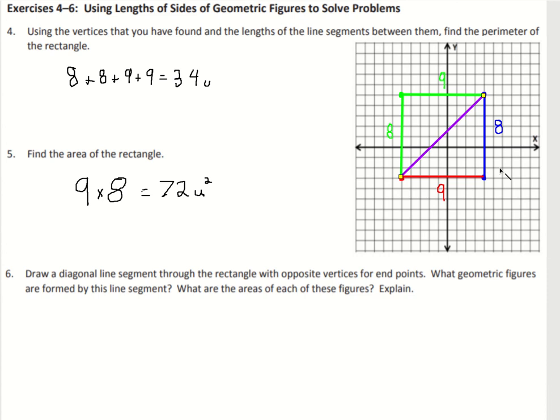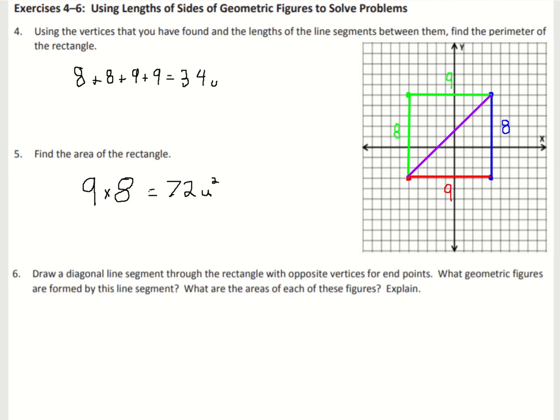Draw that, not vertical line, this diagonal line. What geometric figures are formed by this line segment? Well, just looking at that, I can tell you exactly what that shape is. There's two of them. Both are triangles.